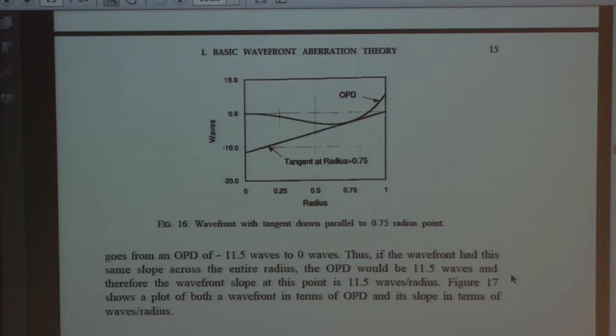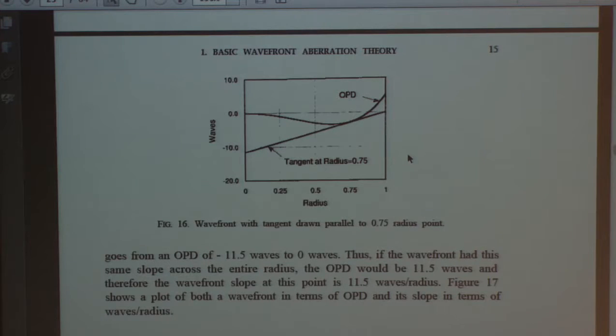So why would I do that? If I have this pupil and I change the size of the pupil, maybe I'm doing some test setup and I put in an imaging lens to image a pupil, and I change the size of the image of the pupil, then these angular aberrations in units of arcseconds or microradians will change. If I make the size half as large, the angles will double.